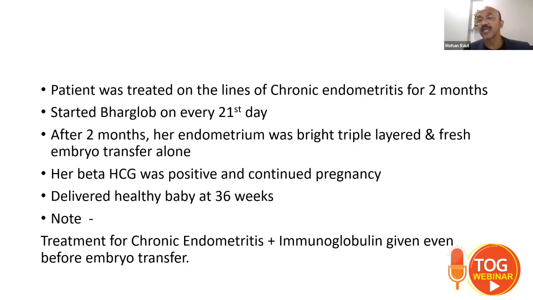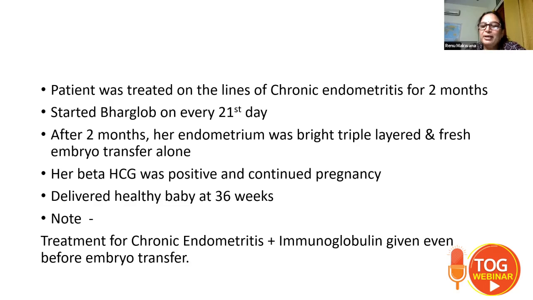Anyone would like to share any? Yes. I want to share one case. She had undergone IVF and had IVF failure for 2 cycles. And in every cycle, whatever we gave, endometrium was thin and it was having fluid. So we wanted to go for an ERA test to look for the endometrial implantation window.